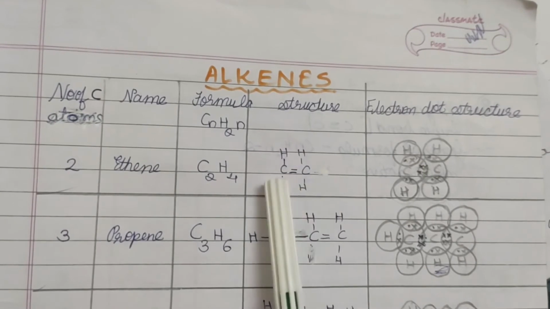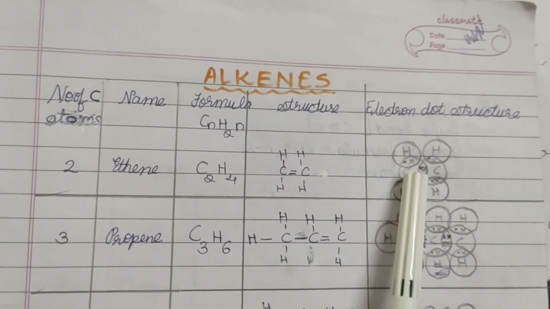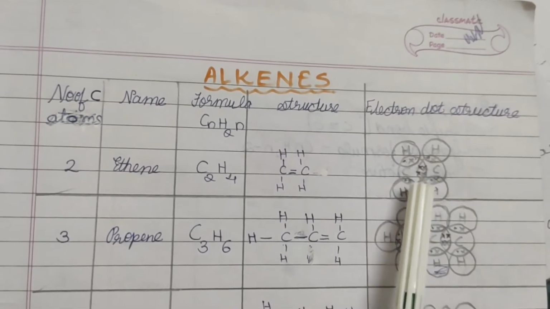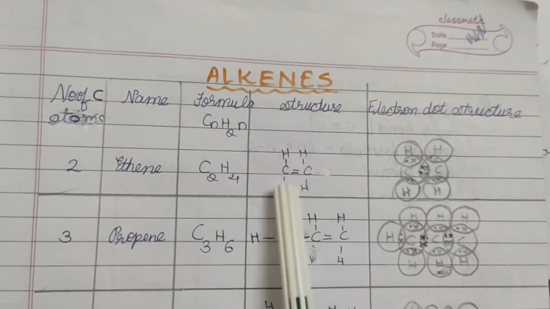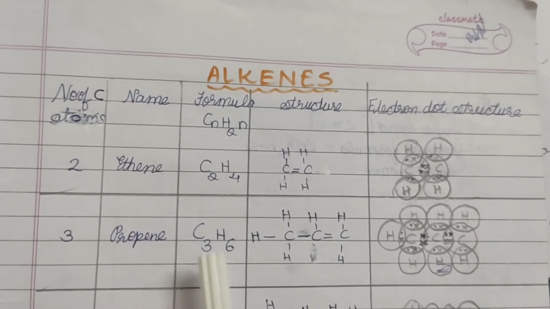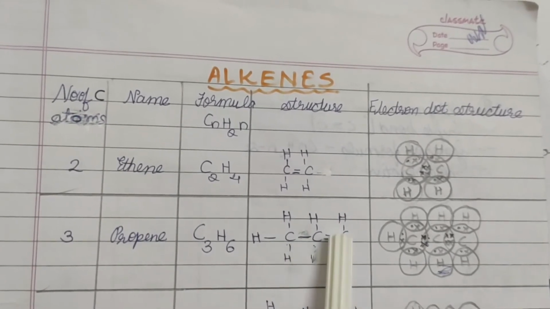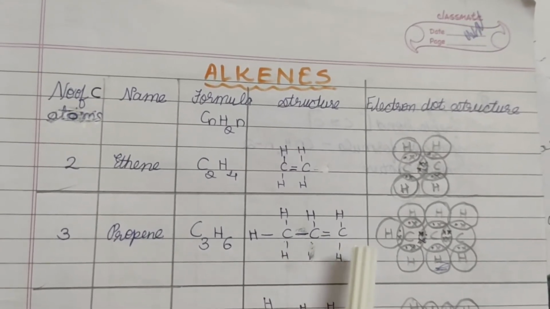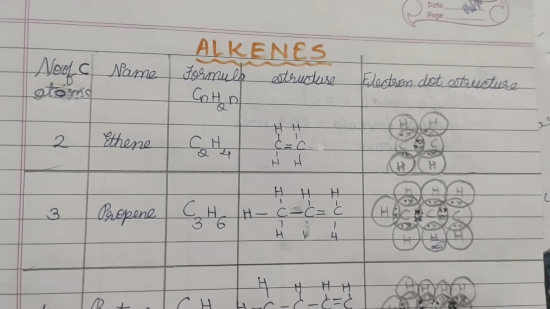Here 2 carbon atoms are bonded with a double bond. That means here a pair of electrons is shared between the 2 carbons, hence double bond is formed. Same way propene, C3H6. In these 2 carbon atoms, double bond is formed. The shared pair of electrons is shown by the crosses.